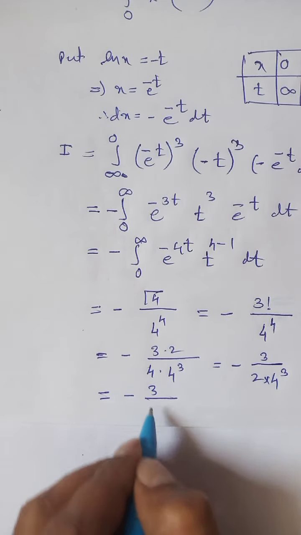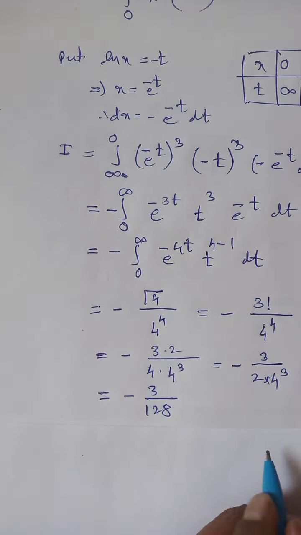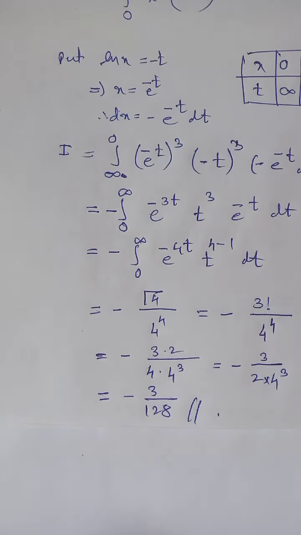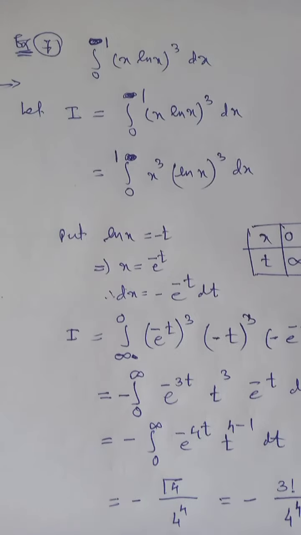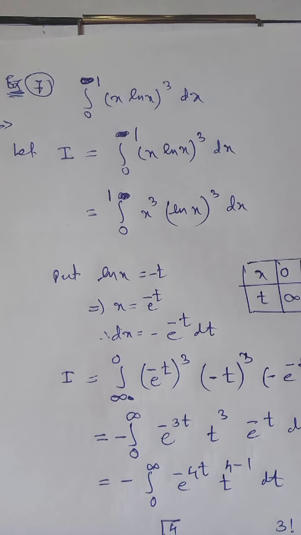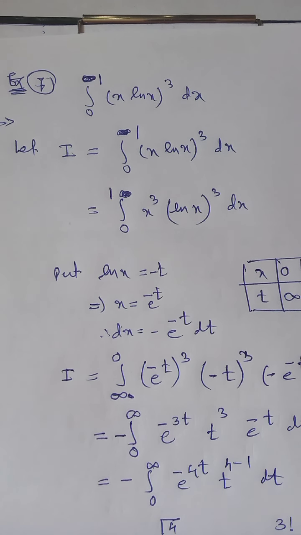It is minus 3 by 128. Okay, so we have discussed all possible examples. Now you'll be able to solve every example of gamma function.